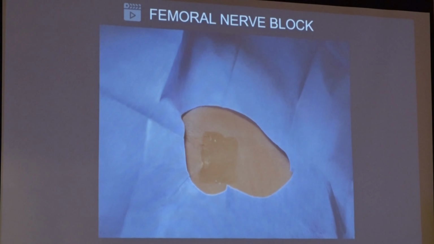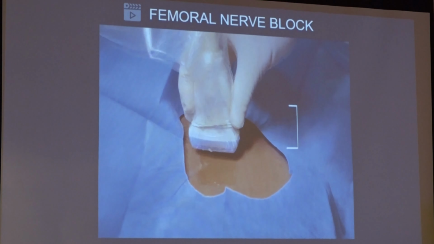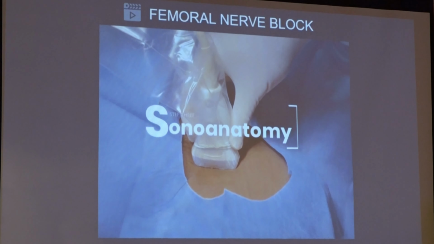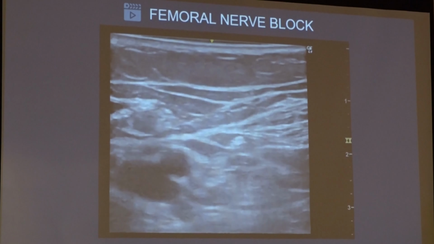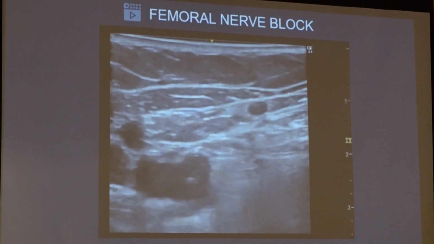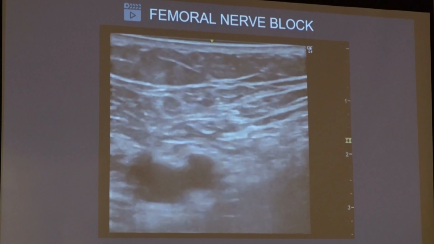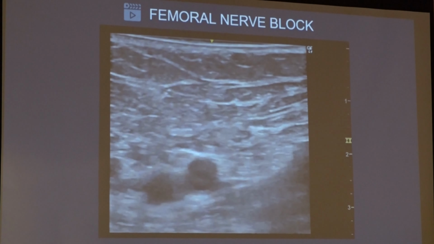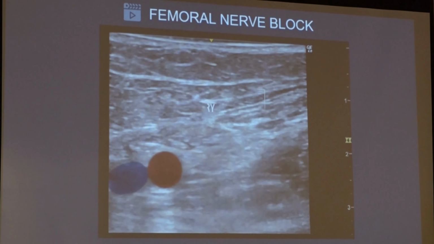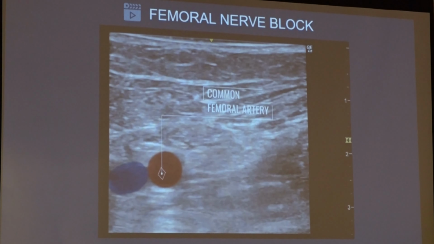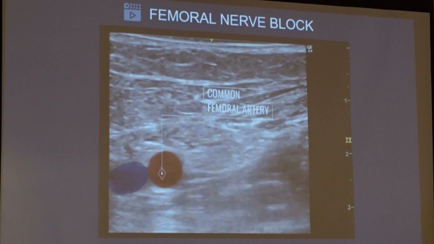The next step is identifying a few important sonoanatomical structures that will help in the visualization of the femoral nerve. The first structure is the common femoral artery. Slide the ultrasound probe cranially to identify the bifurcation of the femoral artery. This is important as beyond this point, the femoral nerve arises into smaller branches distally.